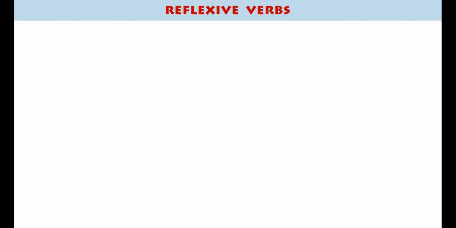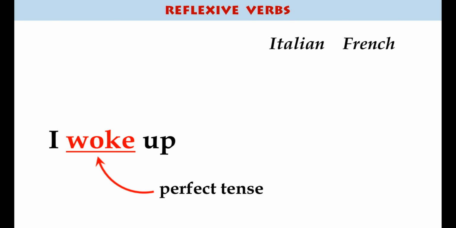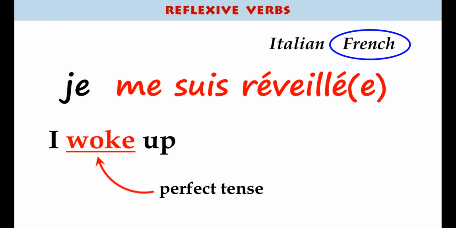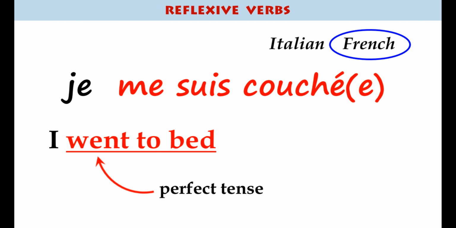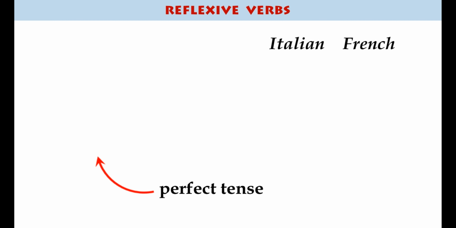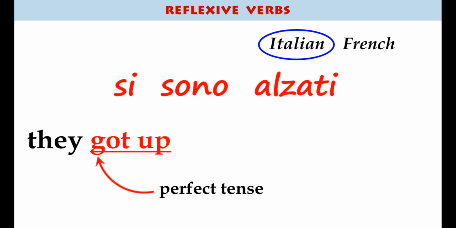A final point to notice if you're studying French and Italian, they tend to use, in the past tense, to be as the auxiliary. So I woke up would be je me suis réveillé. I woke myself up. I went to bed. Je me suis couché. Si sono alzati.